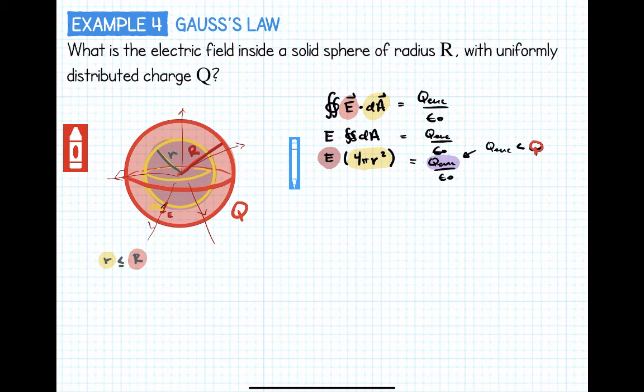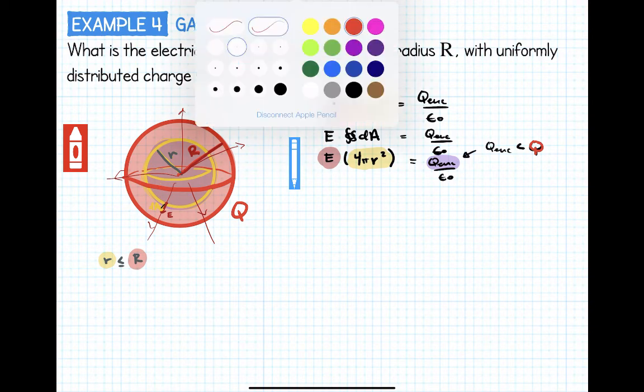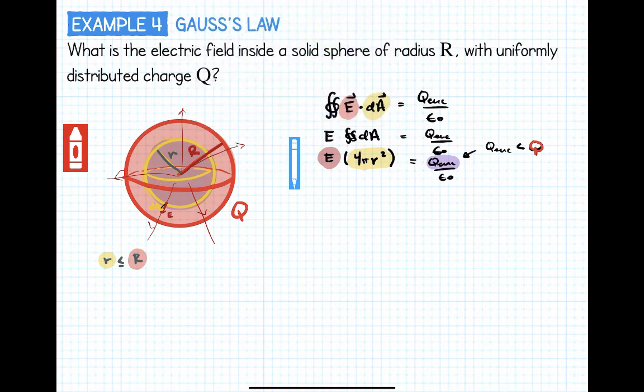So the way we're going to deal with this is we're going to deal with charge density. And so dealing with the charge density, we know that this should be E times 4 pi r squared, but this is going to be rho times the volume enclosed over epsilon naught.